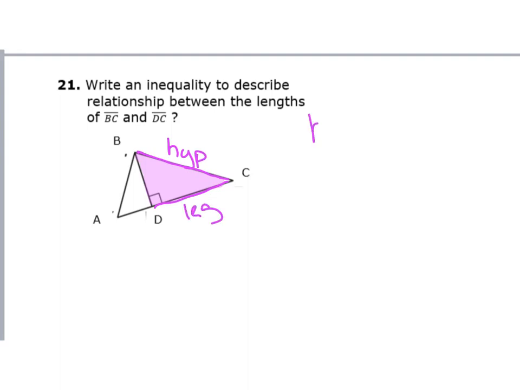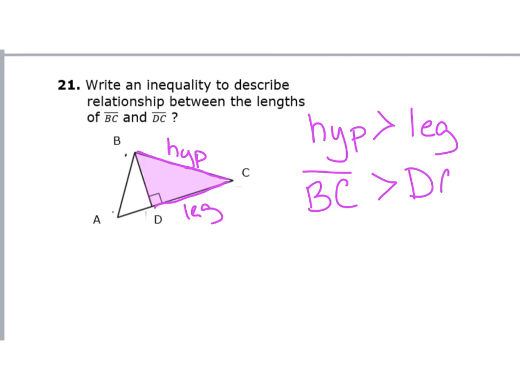And we know that the hypotenuse is always greater than the leg. So in this case, segment BC is greater than the leg DC.